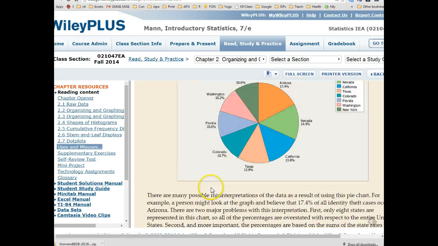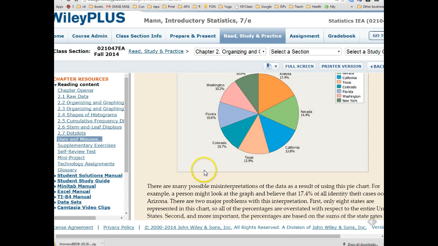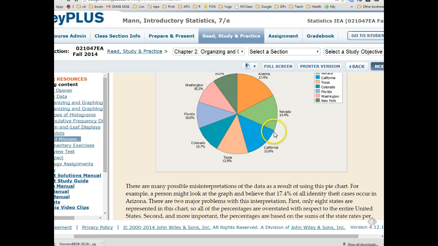Okay? And maybe here's another. How do they do that? I don't know. There are many possible misinterpretations as a result of using the pie chart. For example, a person might look at the graph and believe that 17.4% of all identity theft cases occur in Arizona.